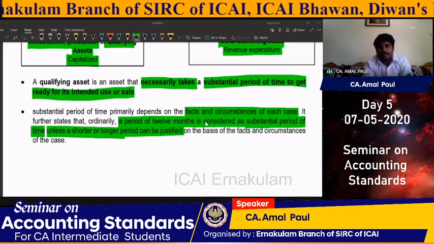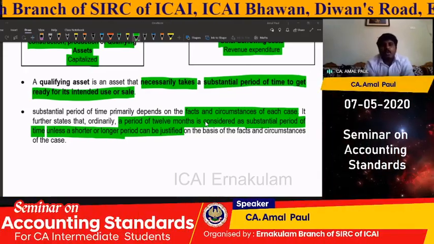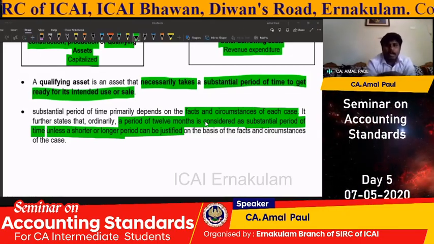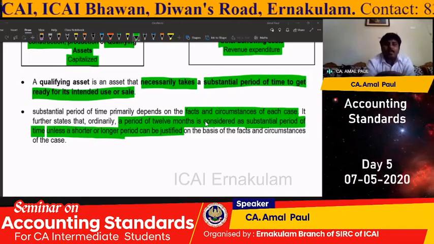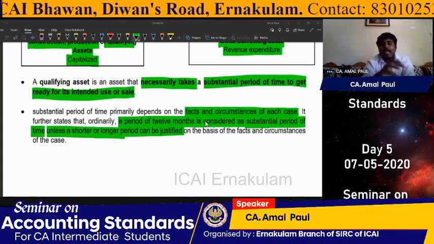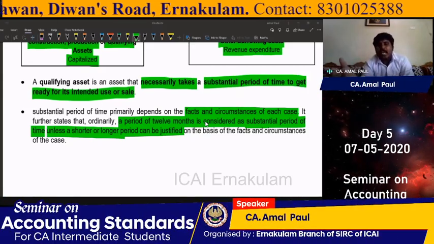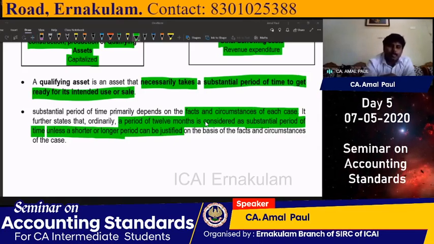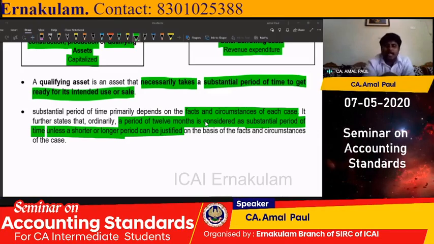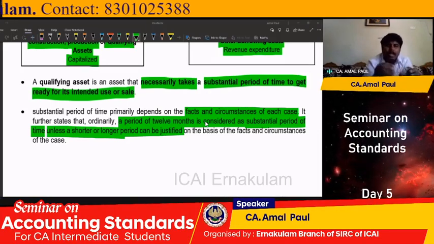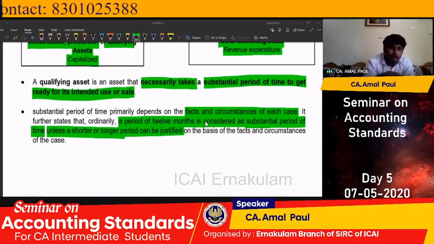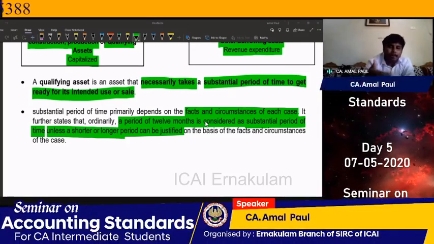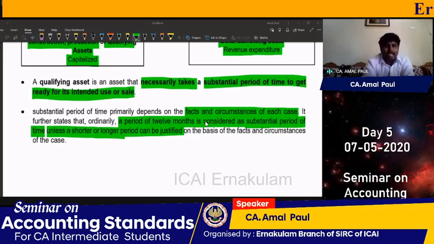For example, we are seeing this corona situation, this pandemic is going on. At this time, the government borrowed some money and constructed a hospital within 1 month. This period may be substantial for them because they borrowed in an emergency situation and wanted to complete the construction at the earliest.